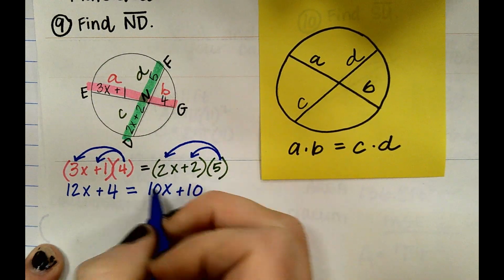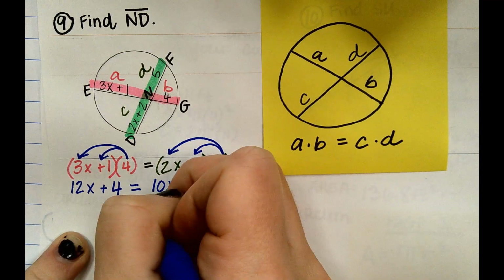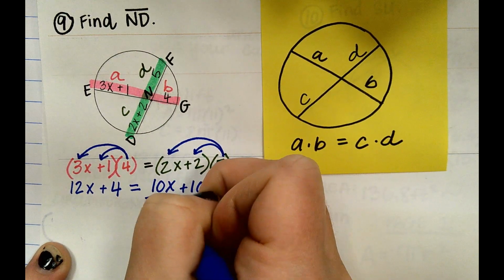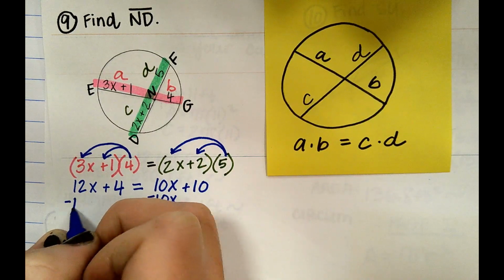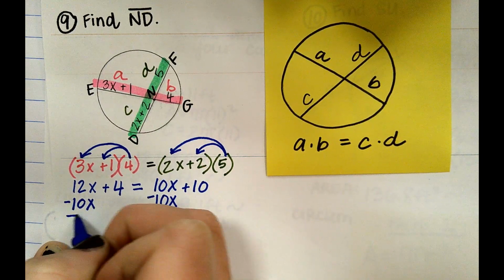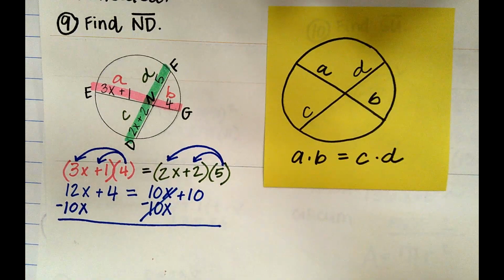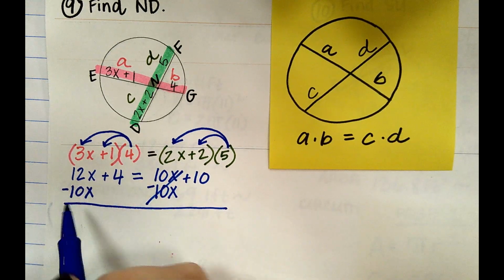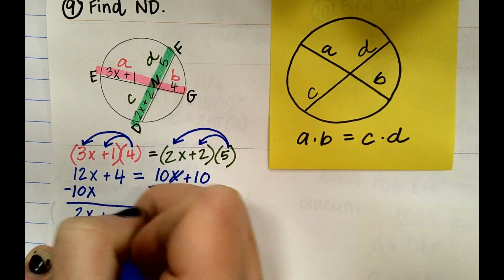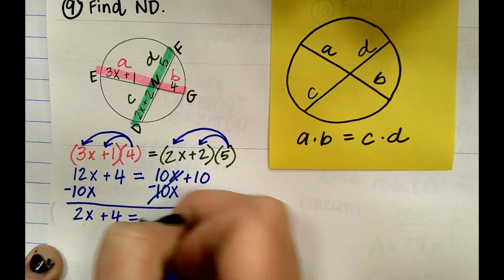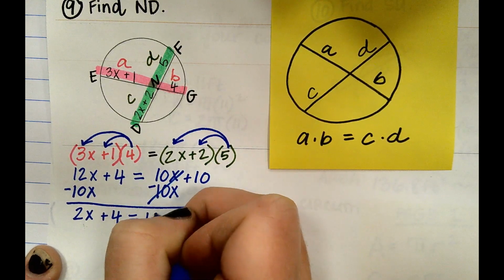Subtract. Yes, I'm going to choose the smaller one because I don't want a negative variable. So I'm going to do minus 10x to get rid of it there and minus 10x to bring it over here. 12x minus 10x is 2x. And I'll bring everything else down. Plus 4 equals 10.